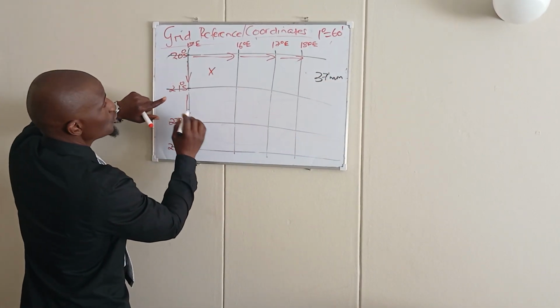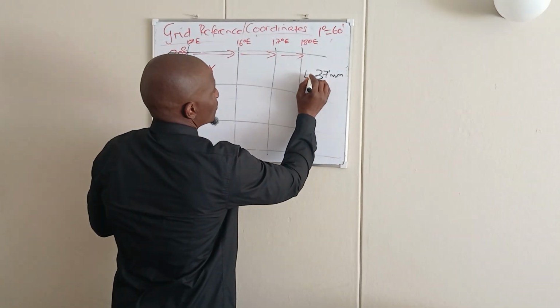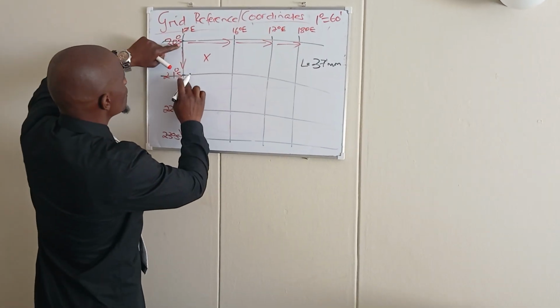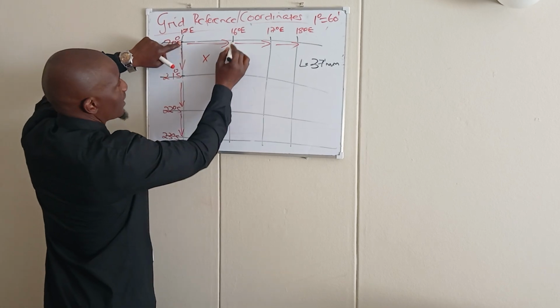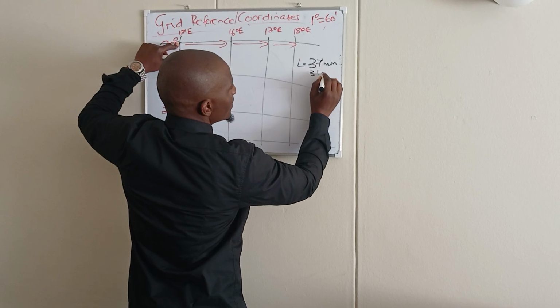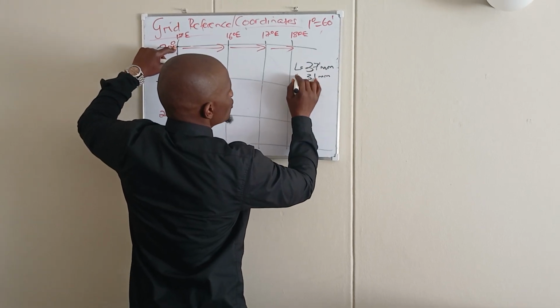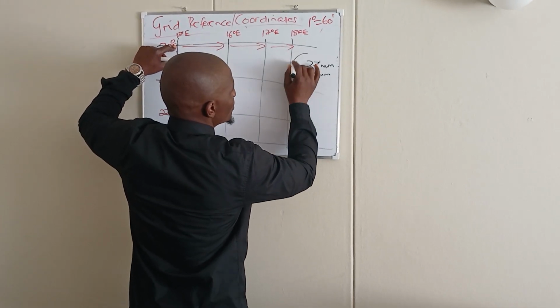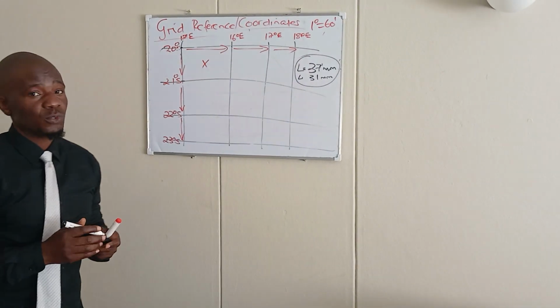And in terms of latitude, that is going downward. If you also look at the length from here up to there, in terms of longitude, you get something like 31 millimeters.